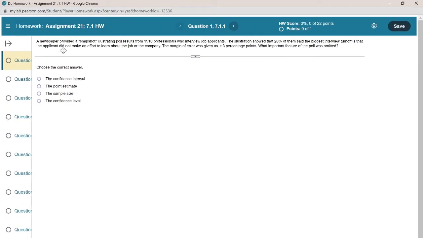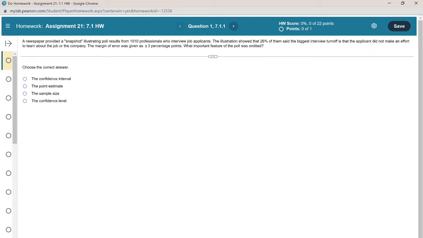A newspaper provided a snapshot illustrating poll results from 1910 professionals who interviewed job applicants. The illustration showed that 26% of them said the biggest interview turnoff is that the applicant did not make an effort to learn about the job or the company. The margin of error was given as plus or minus 3 percentage points.